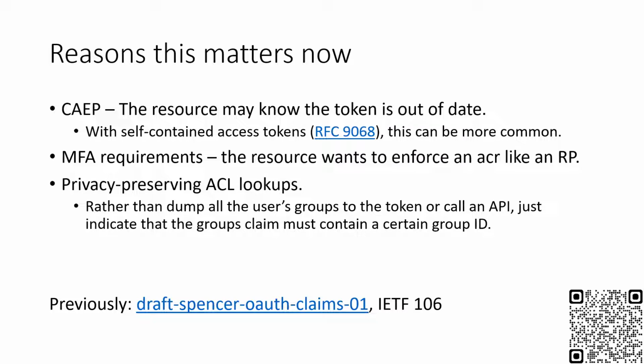And with CAEP, it is possible for the RS to receive a notification that says, don't accept any more tokens from this session ID because it's been revoked. You need to reject this token and have the user revalidate who they are, or perhaps just quickly check to make sure that it's actually revoked or not.